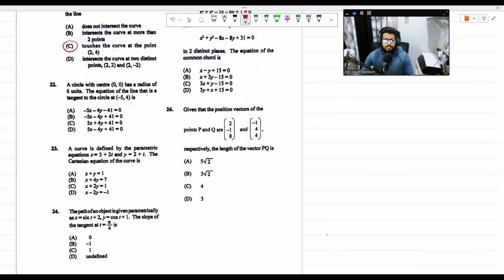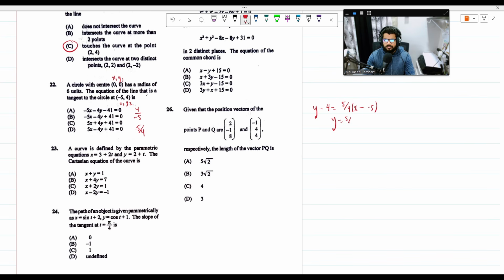Let me do it over. X1, Y1, X2, Y2. Y2 minus Y1 over X2 minus X1. 4/5 is going to be my gradient of the radius. The gradient of the tangent could be 4 over minus 5. Gradient of the tangent is 5 over 4. So we're going to get y minus y1 is equal to 5 over 4 into x minus 5.